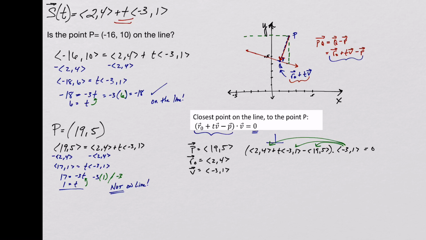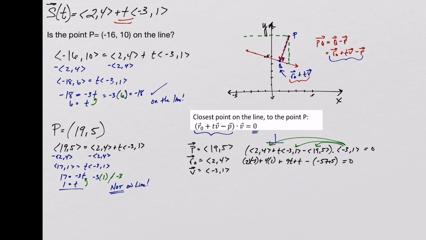So here we go in distributing that dot product. The first thing would be 2 times -3 plus 4 times 1. And then that's going to be plus 9t plus 1t minus, and I'm going to put this whole expression in parentheses here, so 19 times -3 would be -57, and then 5 times 1 is 5, so plus 5, set equal to 0.